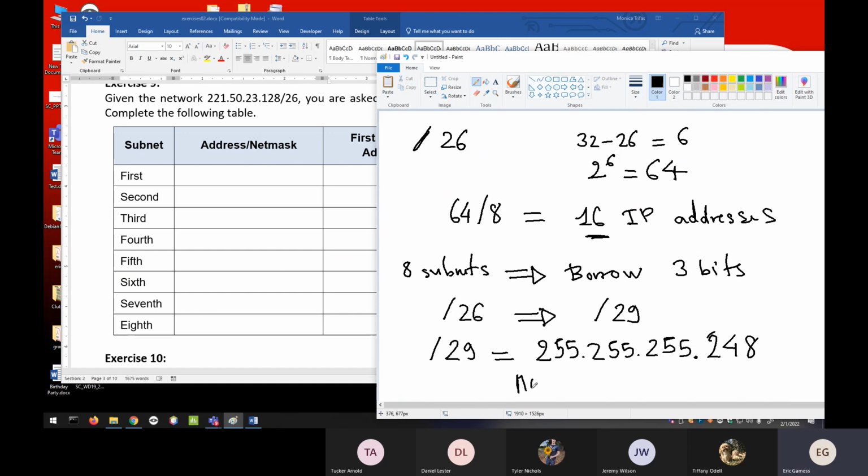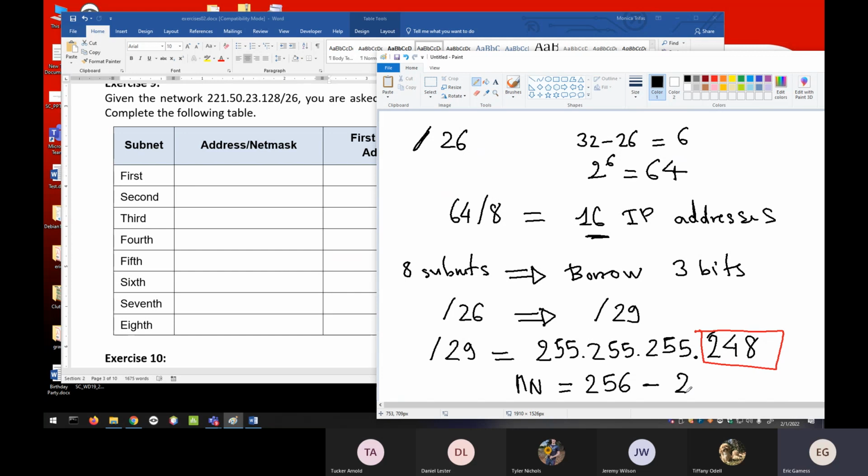What will be the magic number? It's always 256 minus the last byte that is not 0. Which is the last byte that is not 0? This byte, isn't it? So it will be 256 minus 248, which gives me 16.